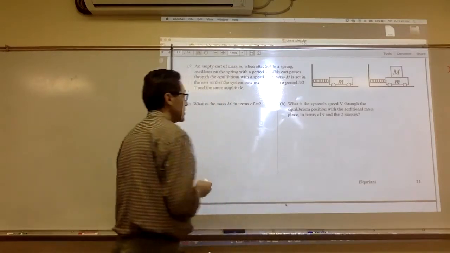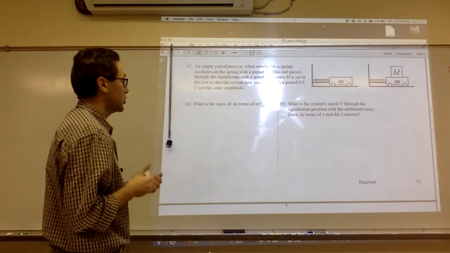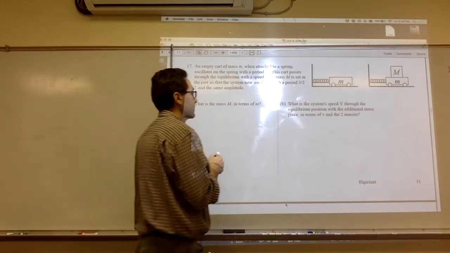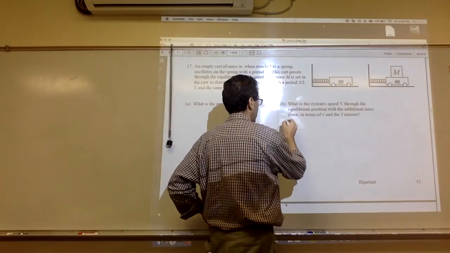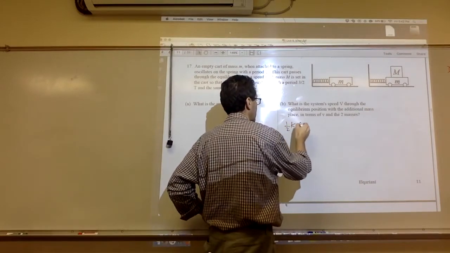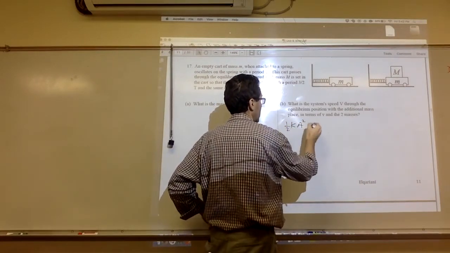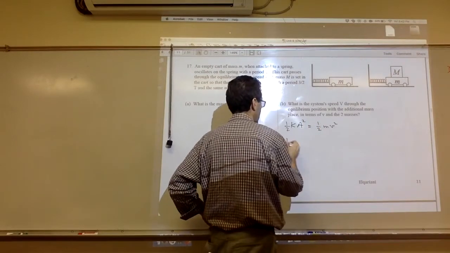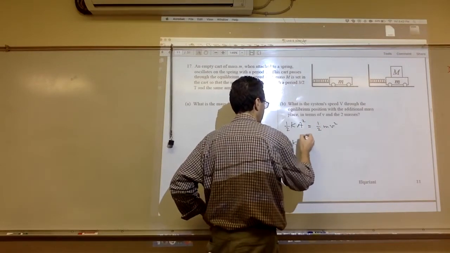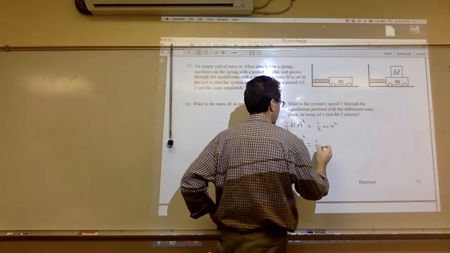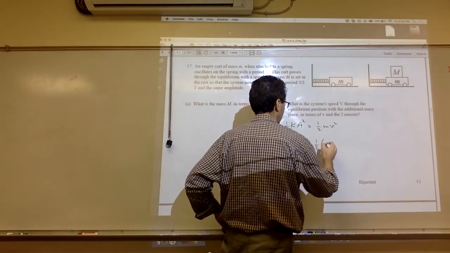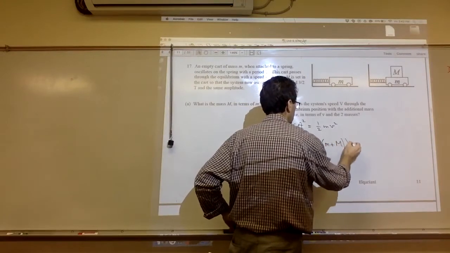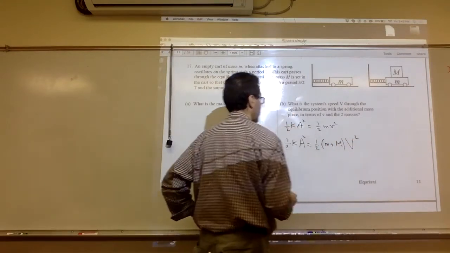What is the system speed V through the equilibrium position with the additional mass placed in place? In terms of v and the two masses, well, 1/2 k a square is the total energy. That's equal to 1/2 mv square, but also is equal to 1/2 m plus big M, some new velocity square.